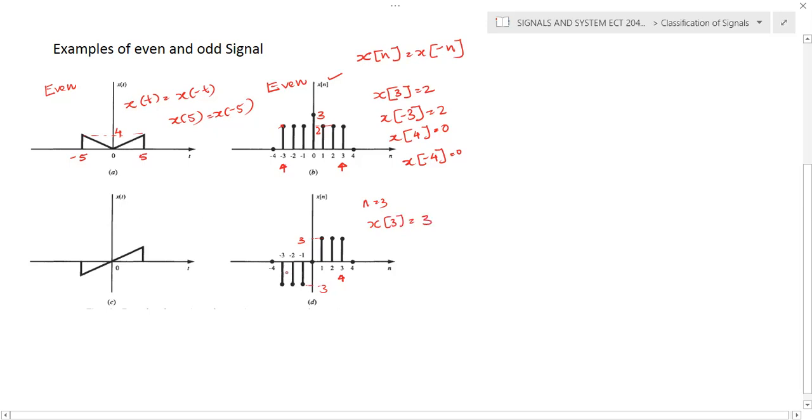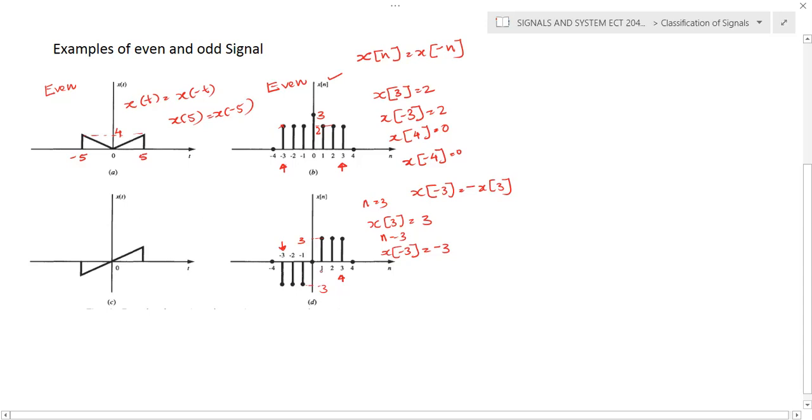At n equal to minus 3, the amplitude is minus 3. So x of minus 3 is equal to minus of x of 3, because we are getting 3 and minus 3. It is simply the negative.